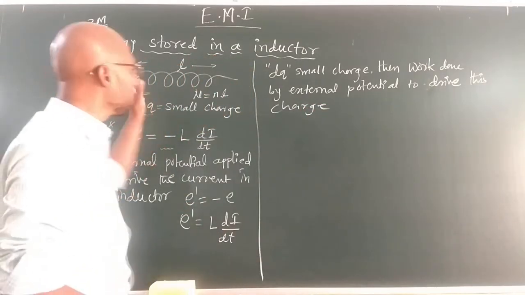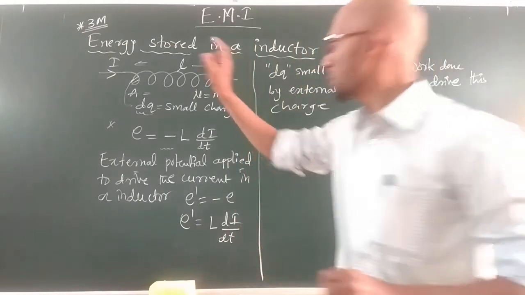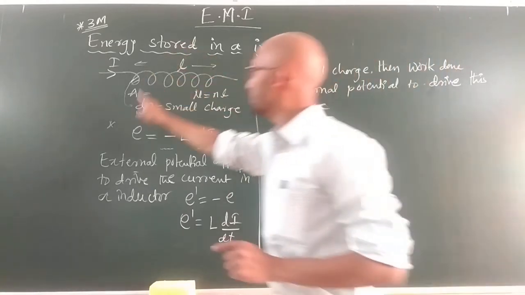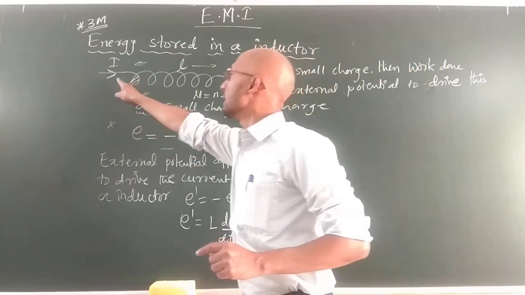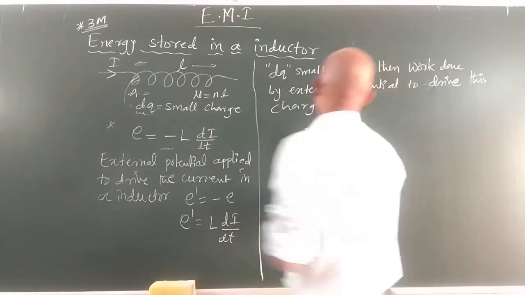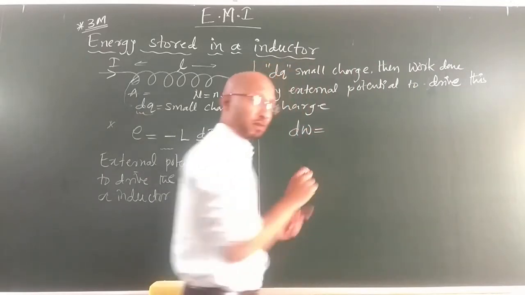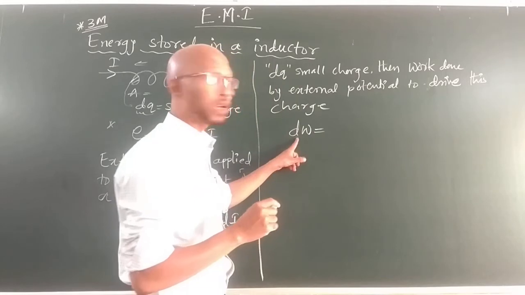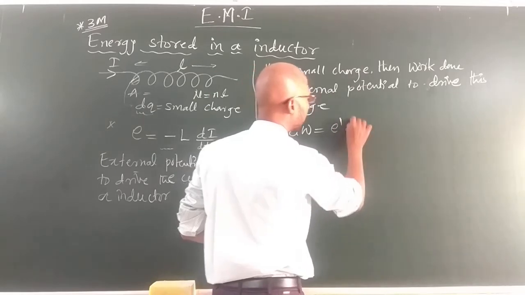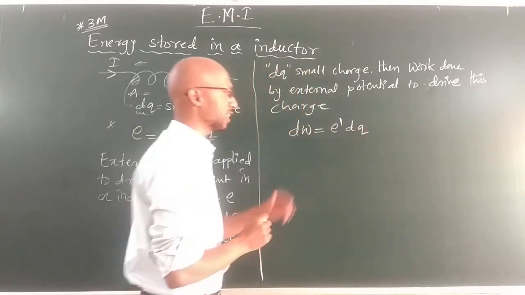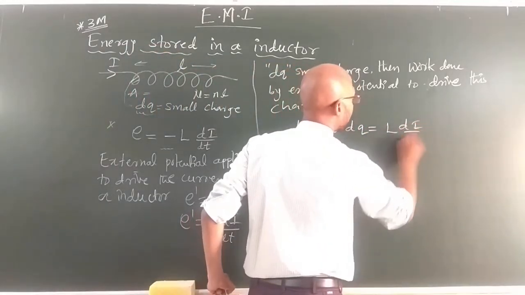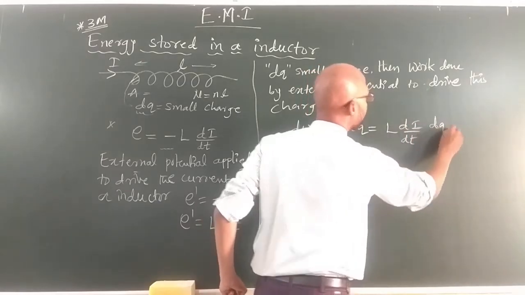If dq is a small charge at this point, how much work do I have to do to push or drive this one small charge through the inductor? According to the definition of work, the small amount of work required to drive this charge will be the external potential applied into the small charge. What is the expression for external potential? That is L di by dt into dq.